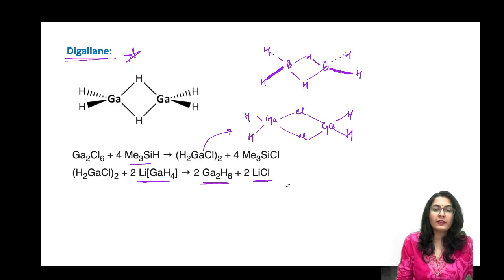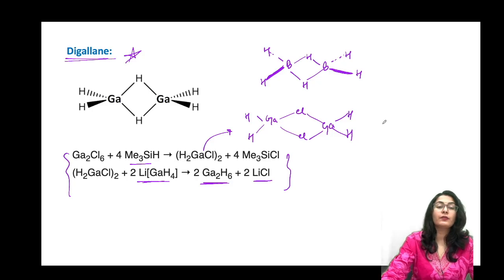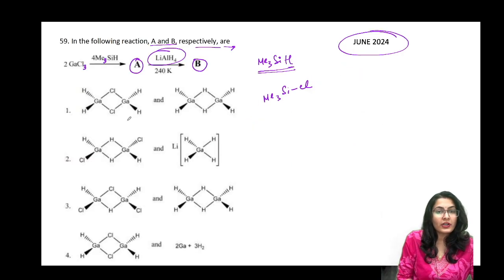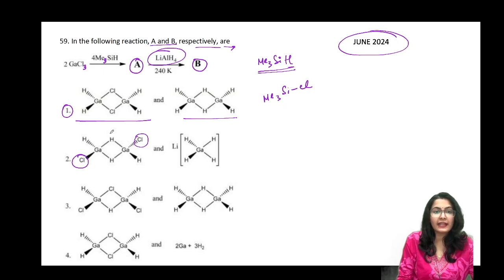Yes. All right, guys. Interesting thing to happen. So just star mark this one. Very interesting new question. So what is going to be the final answer? First of all, you're going to have this 2Cl bridging, and finally your digallane. This is correct, option number 1. What about these two? No, you cannot have Cl on the side and hydrogen bridging.